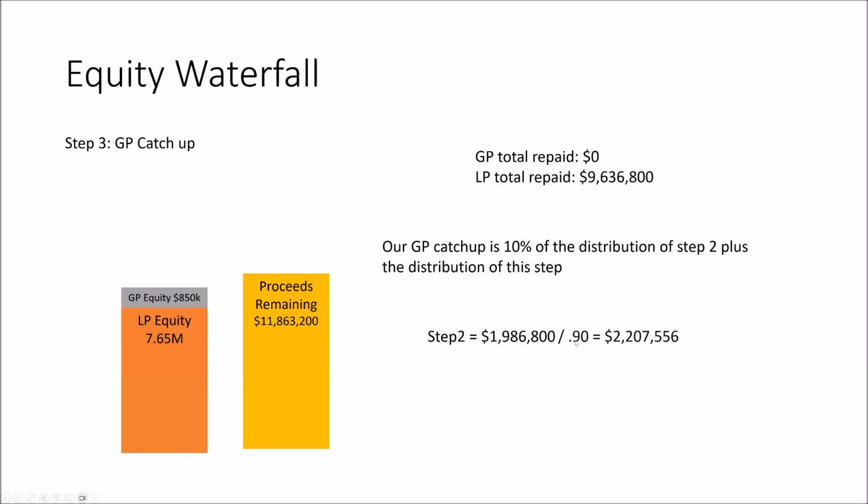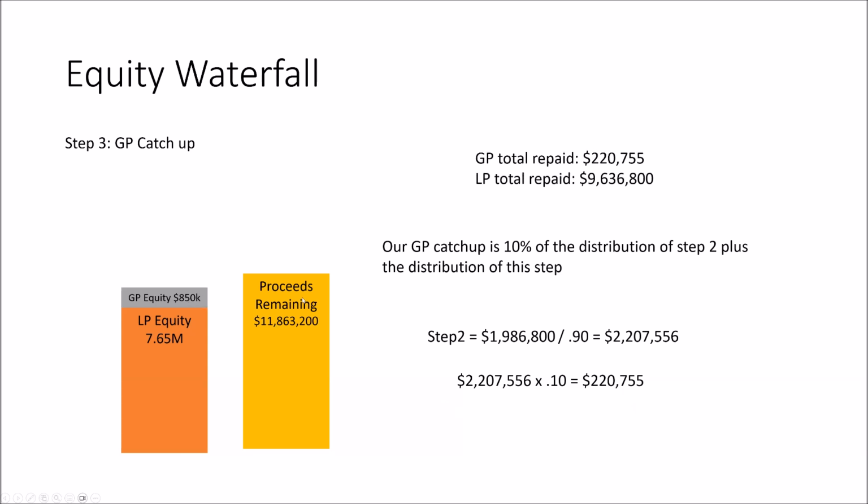Basically, we're just going to divide that by 90% to treat it as though it is 90% of the new full amount, which is going to be the amount for step 3, I apologize. So step 3, they are going to get 10% of this 2.2 million. So that's the new math on that, and they're getting 220,000.